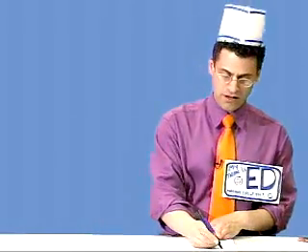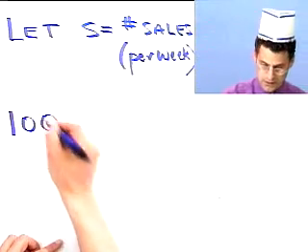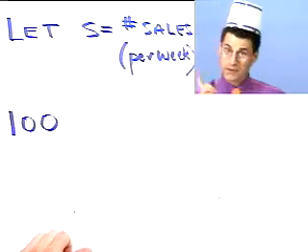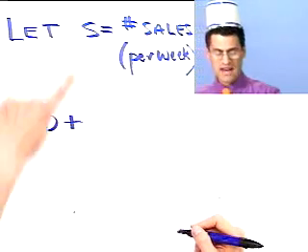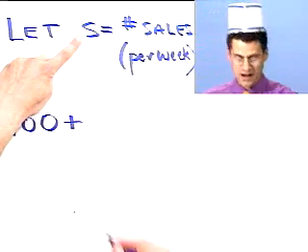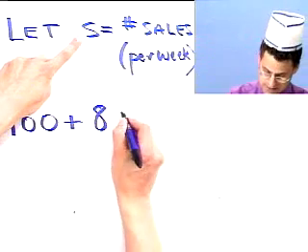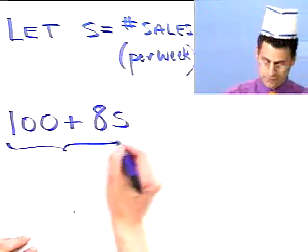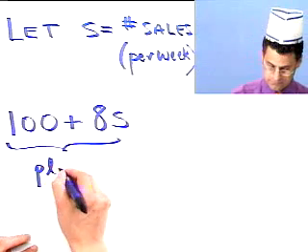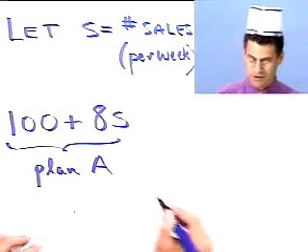So how much would I make in one week? Well, I'd get that $100 lump check, plus I'd get $8 for every sale. And if I make S sales, then I'd be getting 8 times S dollars. So this is my total for plan A. That's salary plan A. What would be my total for the exact same week under salary plan B?